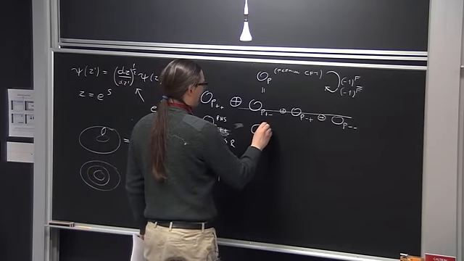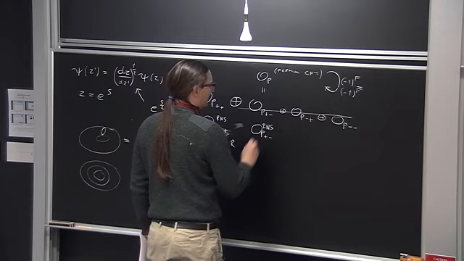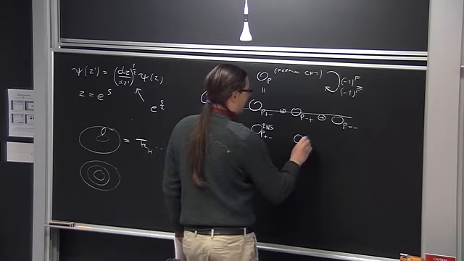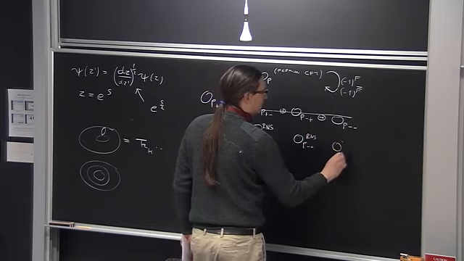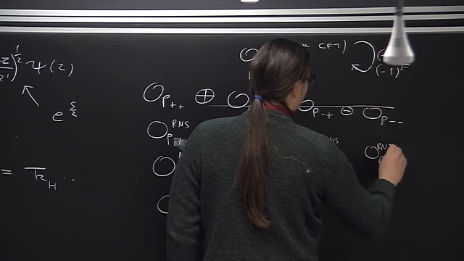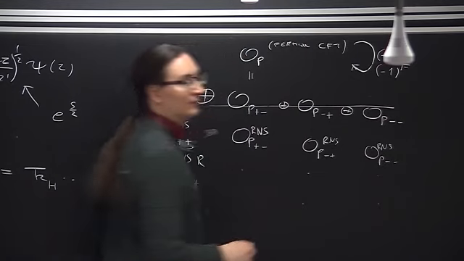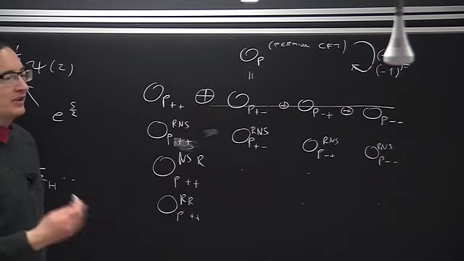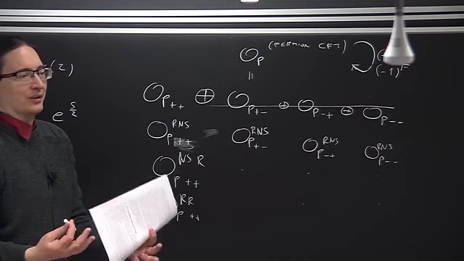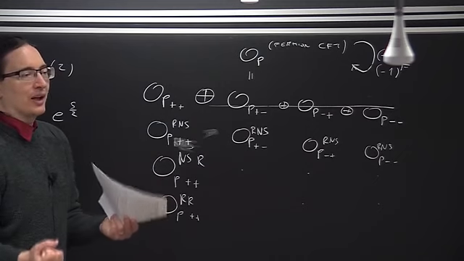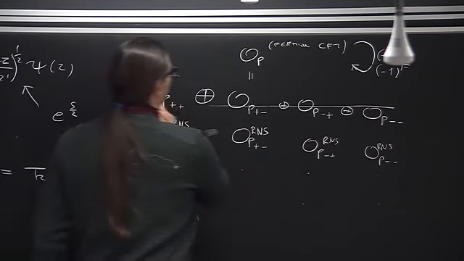I can have operators which impose certain boundary conditions on the fermions and which are odd or even under these (-1)^F and (-1)^F bar. And I have this bigger collection of operators, and I'm trying to define well-defined theories by taking mutually local collections of operators. So this is one.